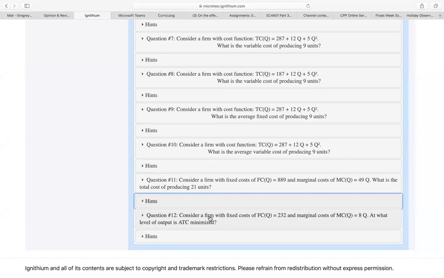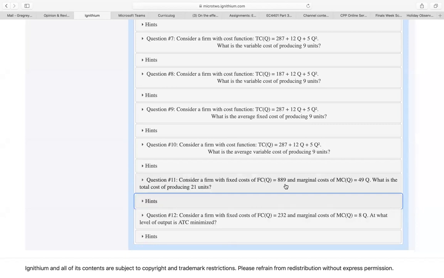Okay. Now, this one, I don't think we'll solve today, but I'll give you all a hint. From question 11, we know how to calculate total cost.